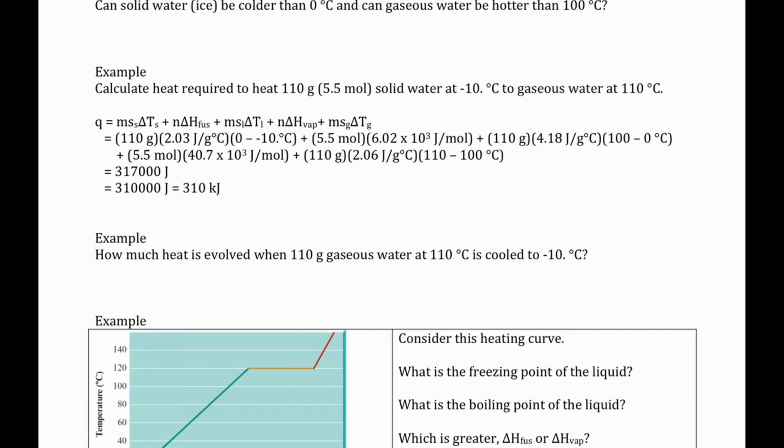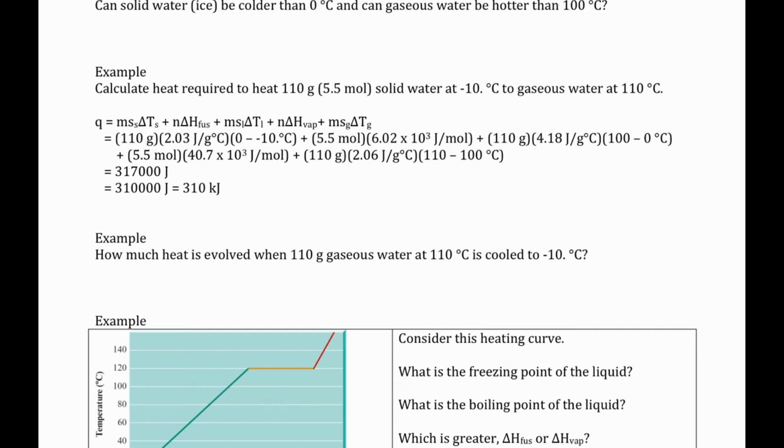Alrighty, so the total amount of heat energy that would have to be added is given by the heat required to go from the -10 to 0 degrees, plus the heat to fuse the solid, to go entirely from solid to liquid, plus the heat to go from 0 degrees to 100 degrees, plus the heat to completely vaporize the liquid, and then plus the heat to go from 100 degrees Celsius to 110 degrees Celsius.